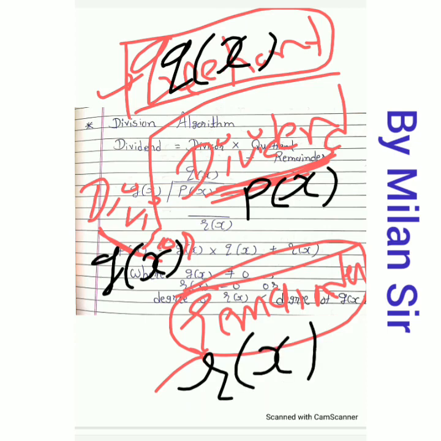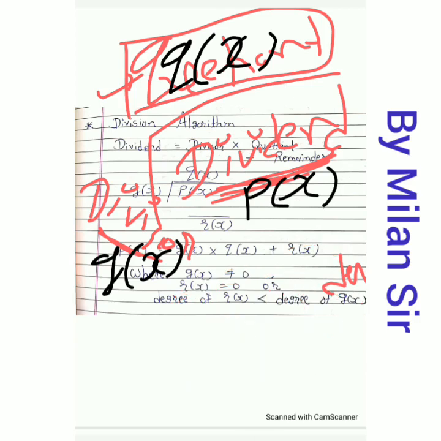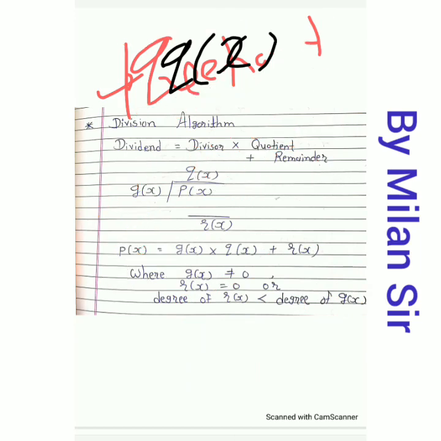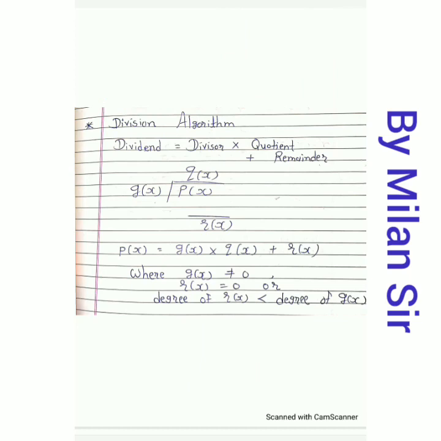Dividend means p of x, divisor means g of x, quotient means q of x, and remainder means r of x. I already wrote this form here.